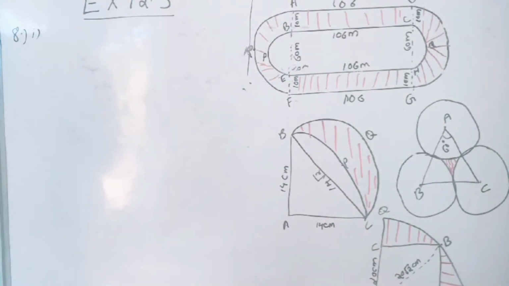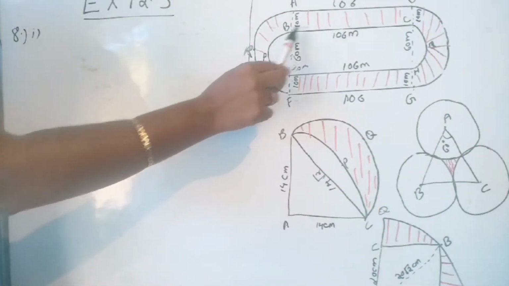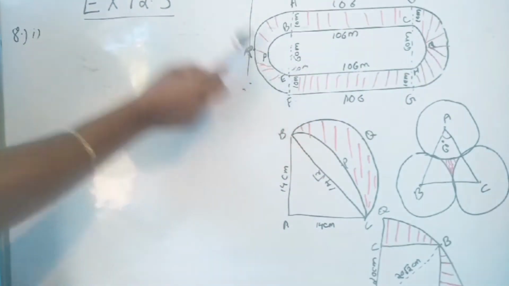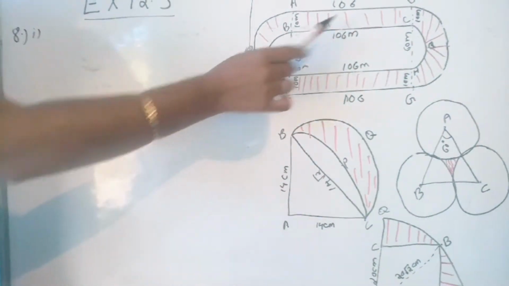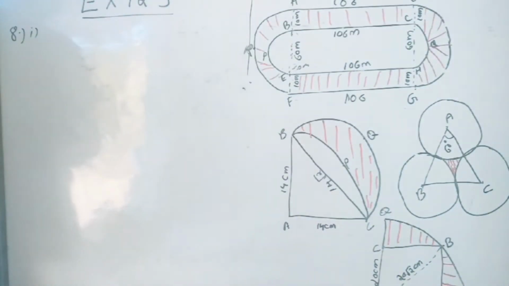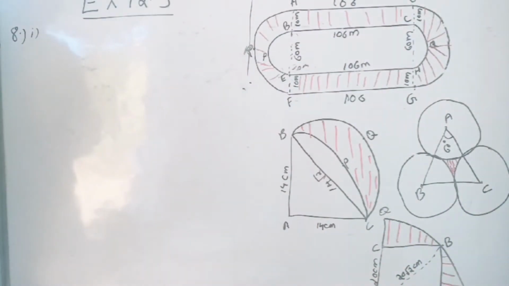For that, the inner edge is B, C, Q, H, E, P. That is our inner edge, and we need to find the distance.